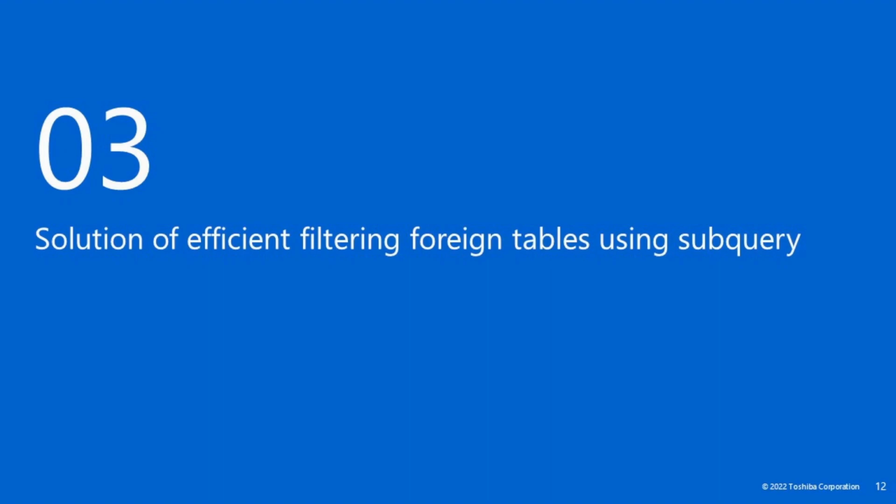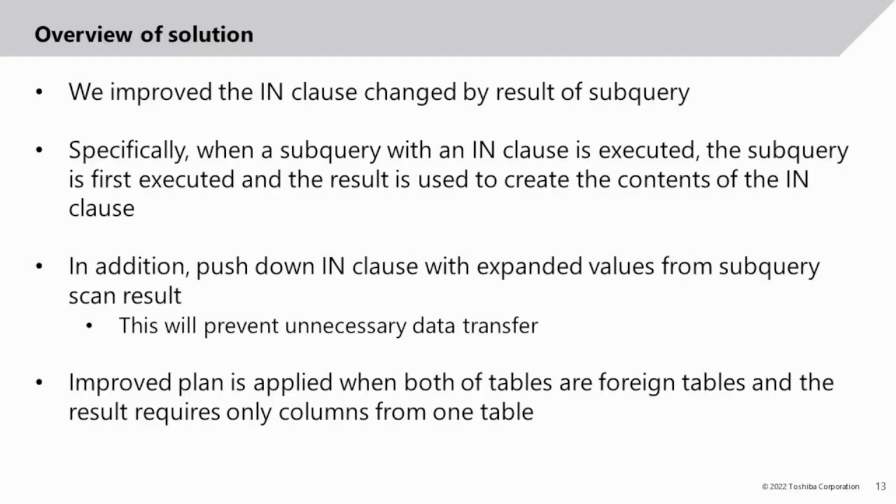Okay, I will talk about the solution for efficient filtering of foreign tables using subquery in this session. So this is the overview of the solution. We improved the IN clause, changing it by the result of the subquery. When a subquery with an IN clause is executed, the subquery is first executed and the result is used to create the contents of the IN clause.